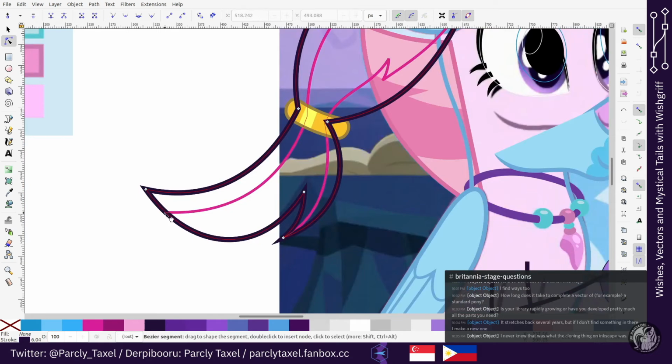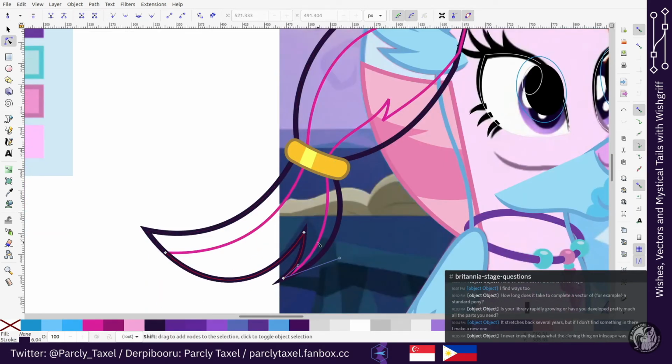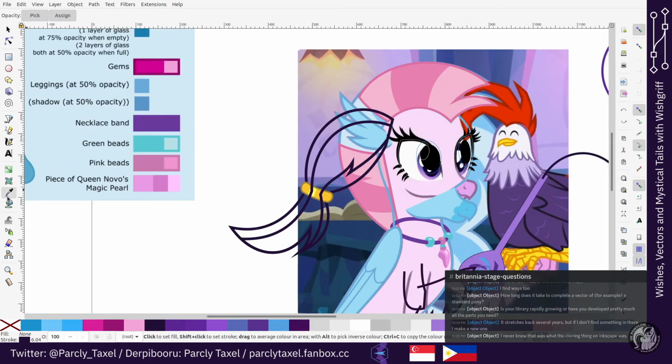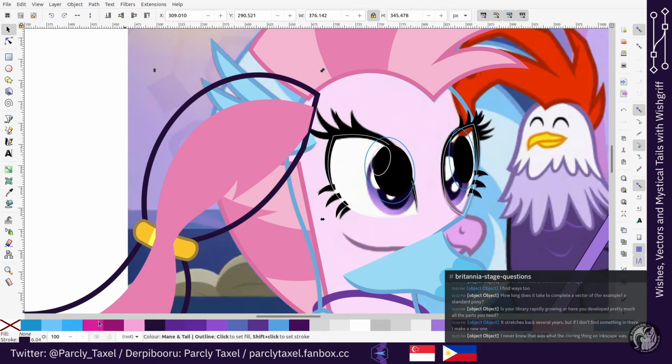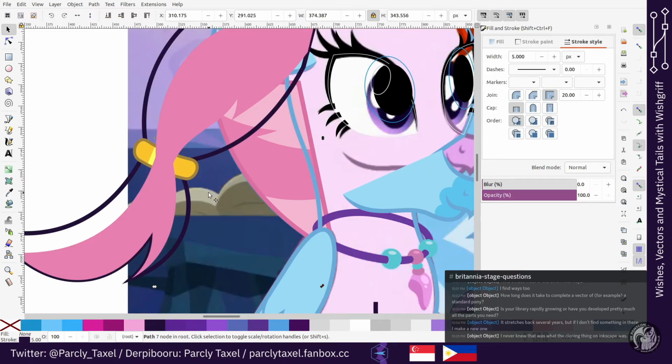I can just fill this in the dark color. I actually set this to 5 pixels, so it will be 5.